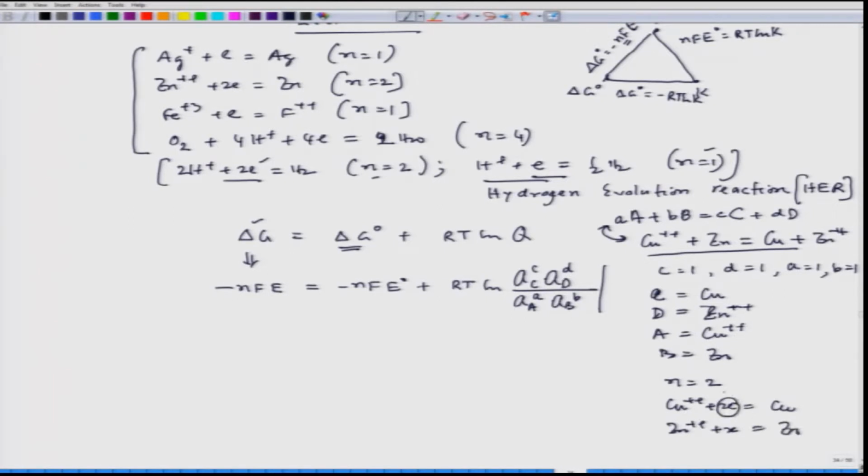So, the n becomes 2, and since we are taking n equal to n, my reaction pattern would be A n plus plus B equal to A plus B n plus.